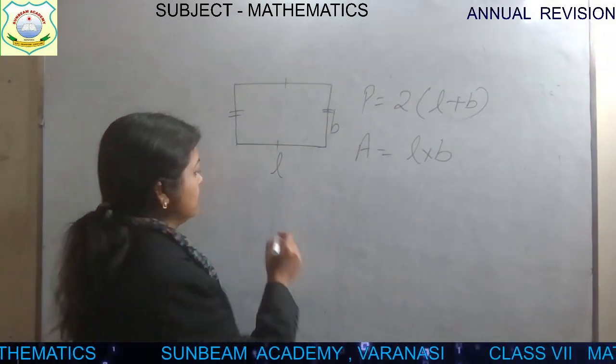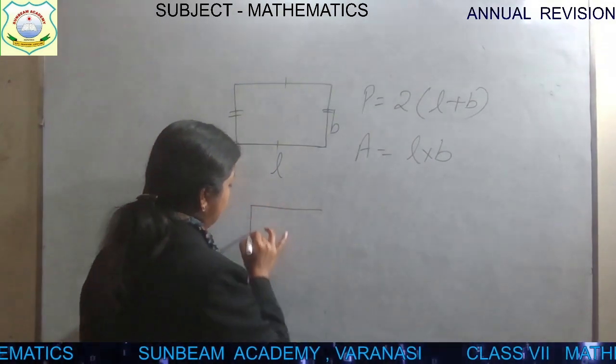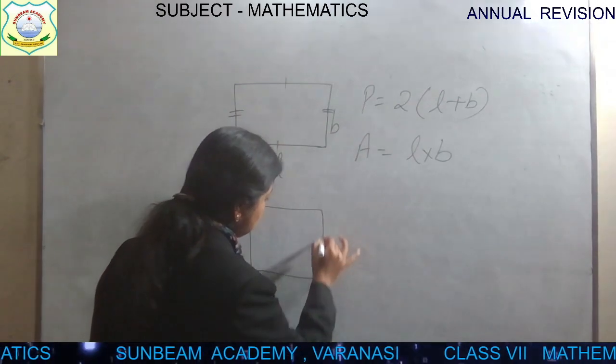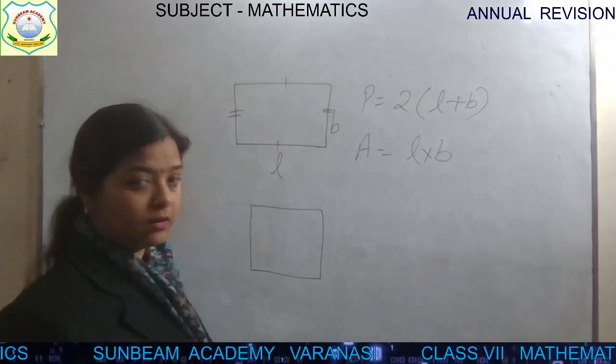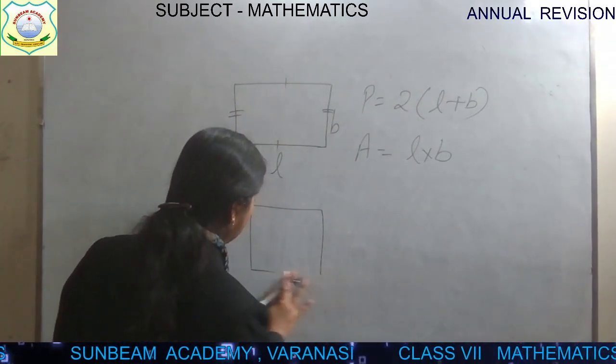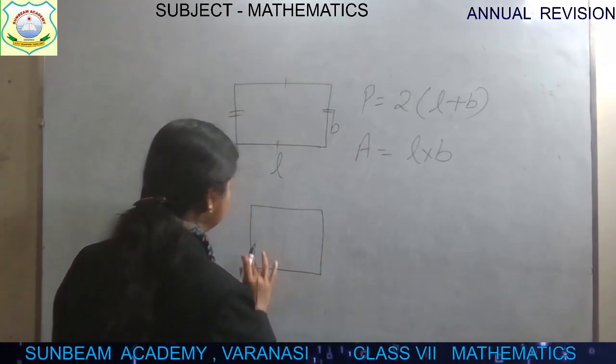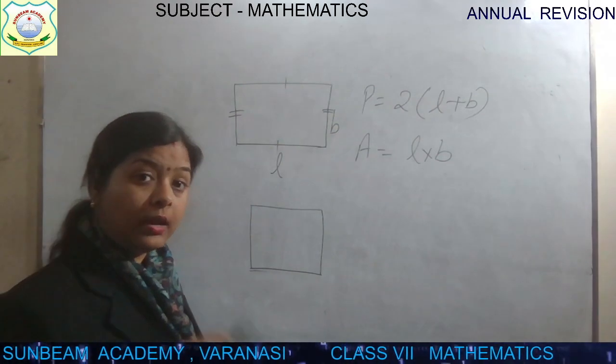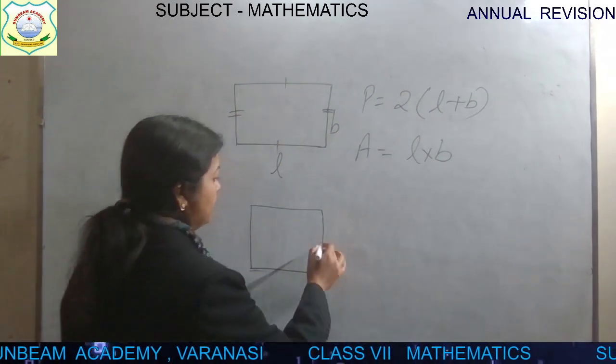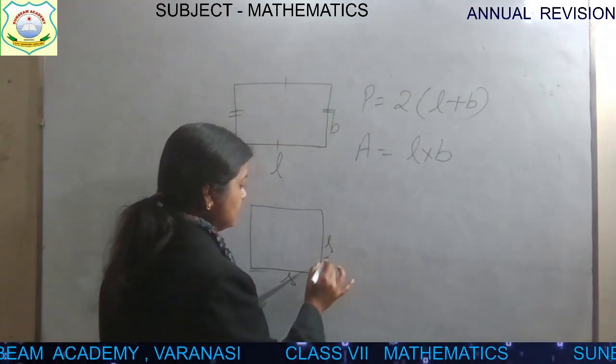If we talk about the square, let's see. It's a parallelogram whose all angles and all sides are equal. If it is side, then this will also be the side.